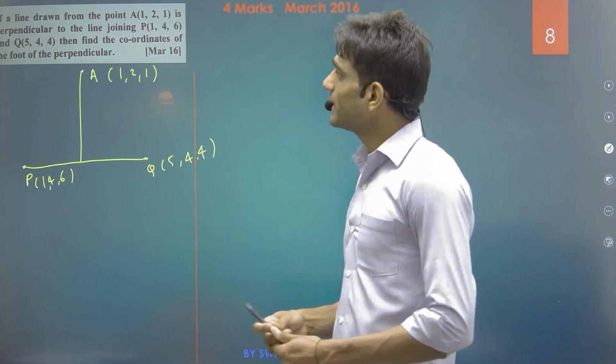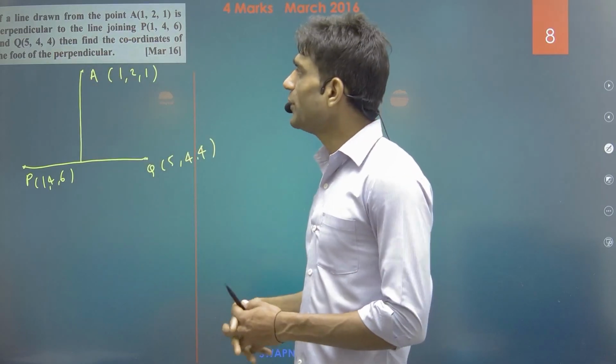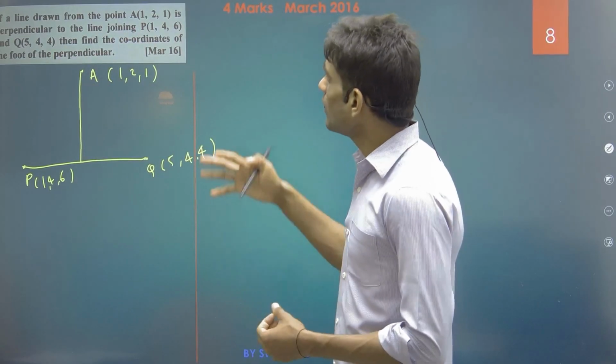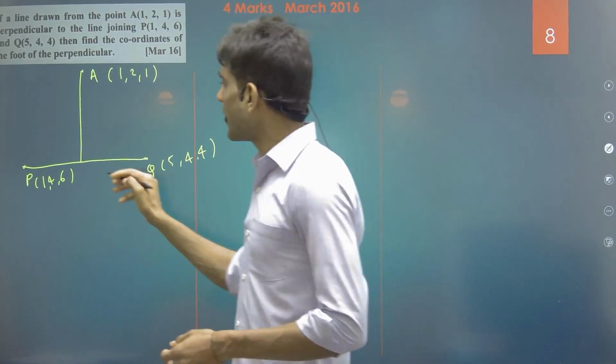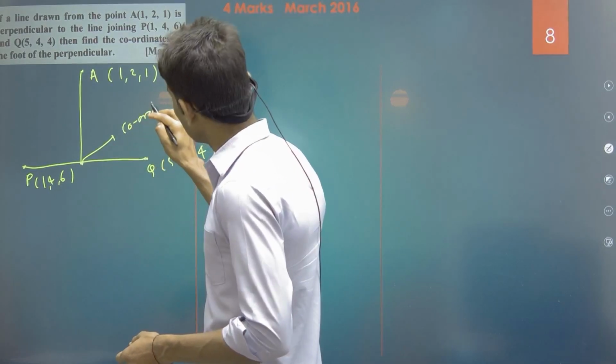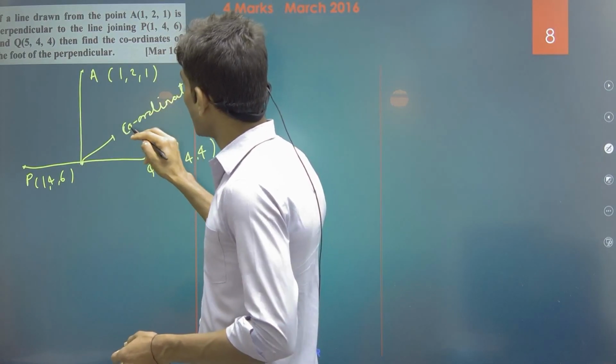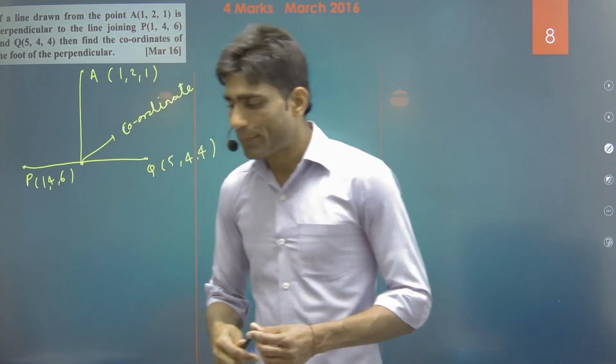Now we can see that A is perpendicular to the line segment joining P and Q, and we want the coordinates of the foot of the perpendicular.